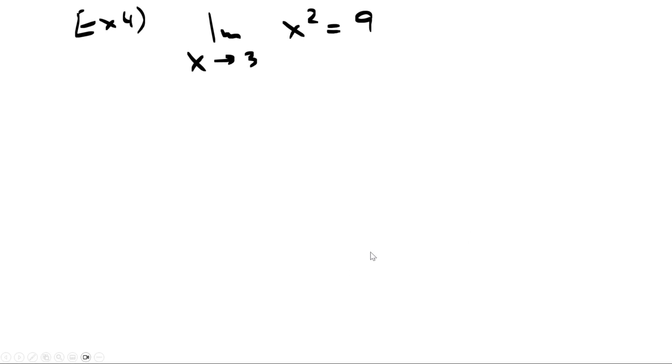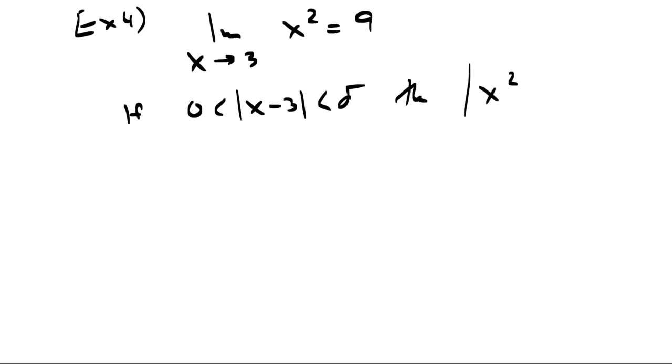So if 0 is less than the absolute value of x minus 3, less than delta, then we want x squared minus 9 to be less than epsilon. So try to figure out delta and make that true, so we can hold all the epsilons underneath.